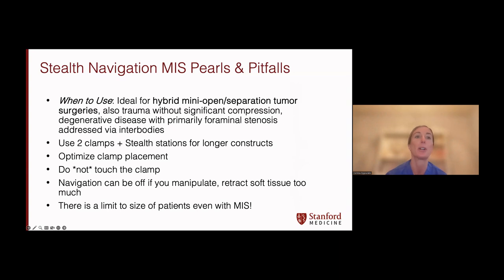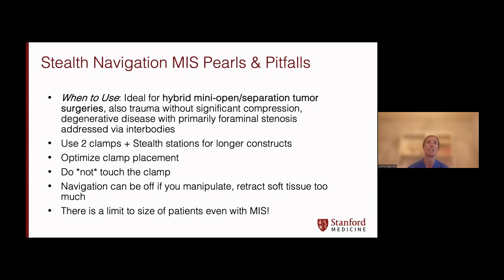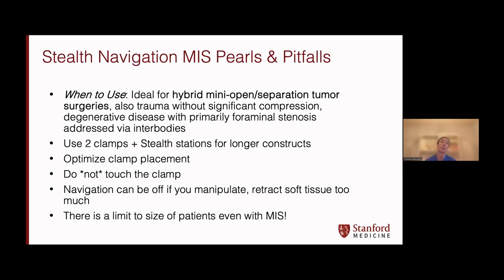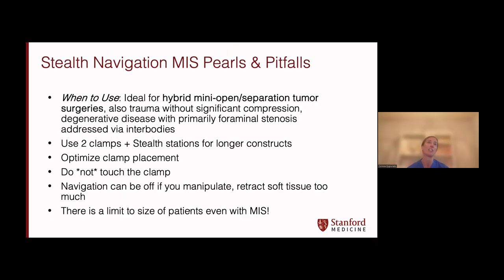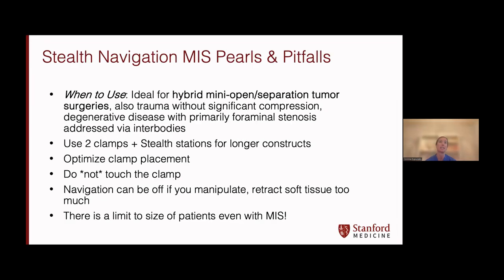There are obviously pearls and pitfalls to these MIS navigation techniques, but I do think that they're ideal for hybrid mini-open separation tumor surgeries like this one. We talked about the fact that you can use two clamps and two Stealth stations if you have longer constructs. It's really important to optimize your clamp placement so that it is very close to the area that you are working on, so that you have the highest degree of accuracy with your navigation, but also that it's not interfering with your screw placement.